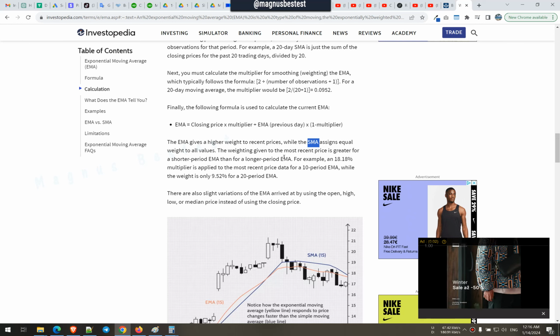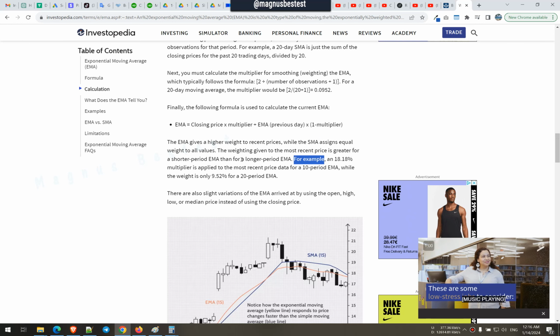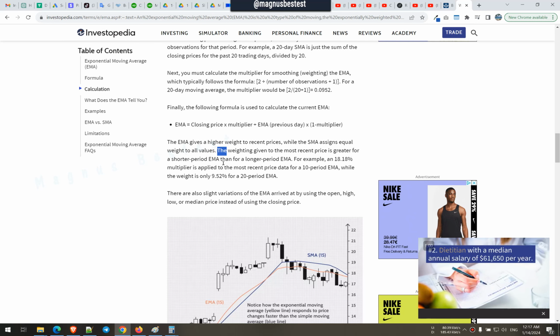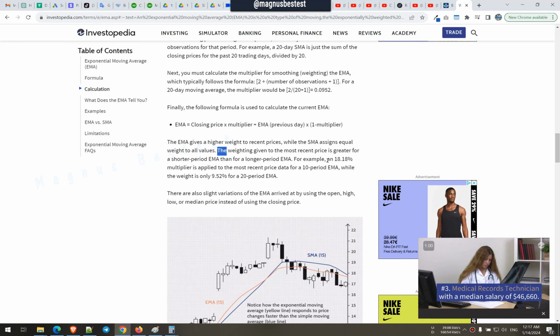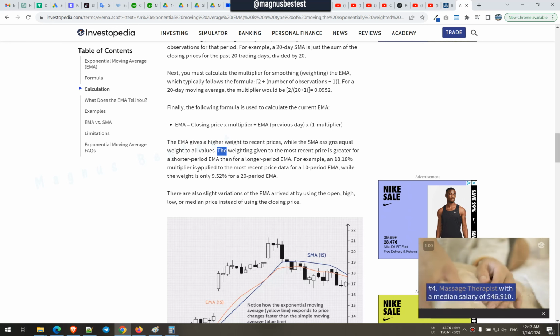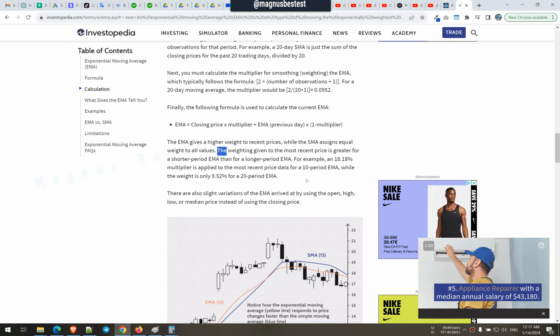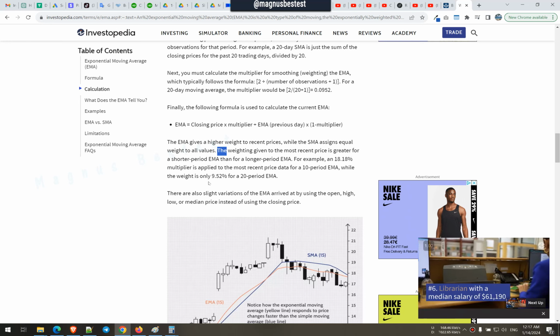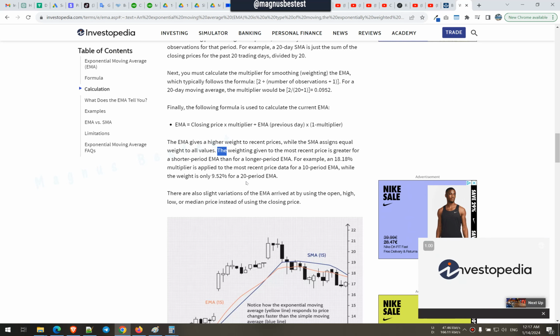So here's the example. The weighting given to the most recent price is greater for a shorter period EMA than for a longer period EMA. For example, an 18.18% multiplier is applied to the most recent price data for a 10 period EMA, while the weight is only 9.52% for a 20 period EMA.